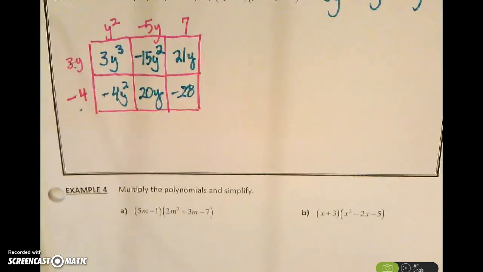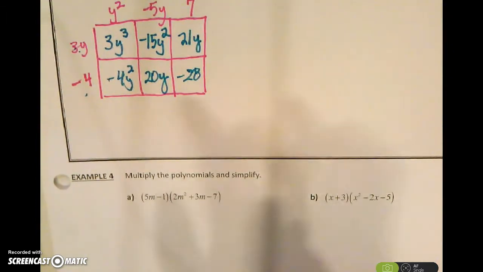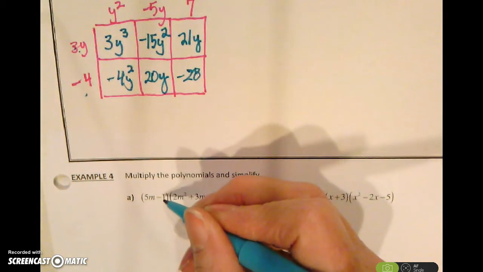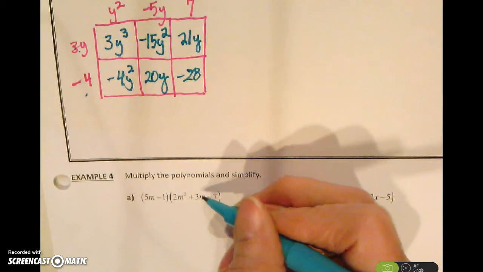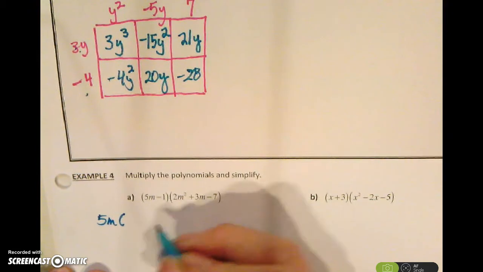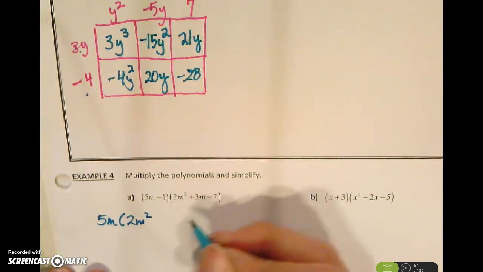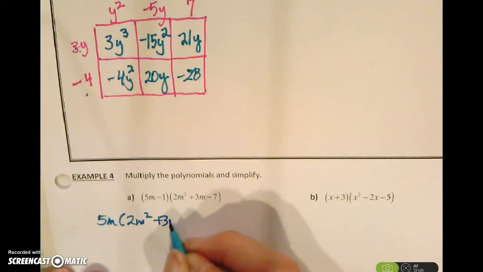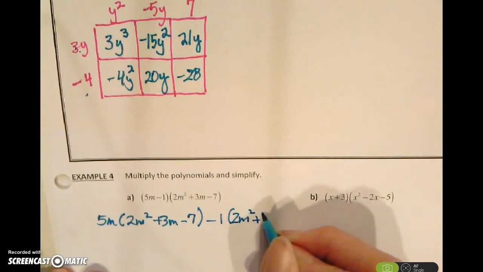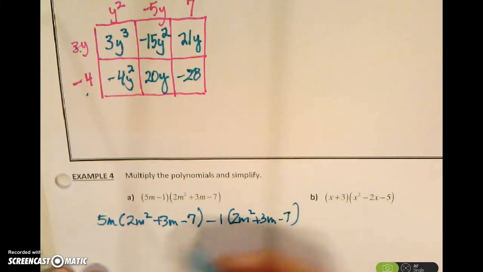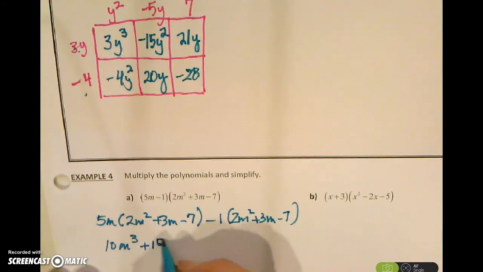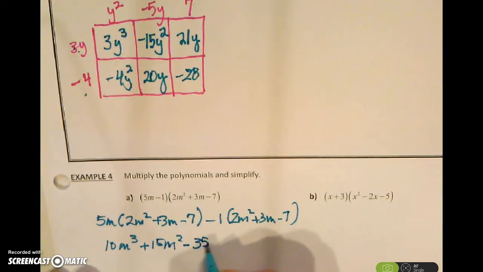So we will double distribute down here. We'll take our 5m and multiply it times every one of these terms, and then we'll take our negative 1 and multiply it times every one of these terms. So I'll write this out that first time. So 5m times 2m squared plus 3m minus 7, and then a negative 1 times 2m squared plus 3m minus 7. So distributing, I'm going to get 10m to the third plus 15m to the second minus 35m.